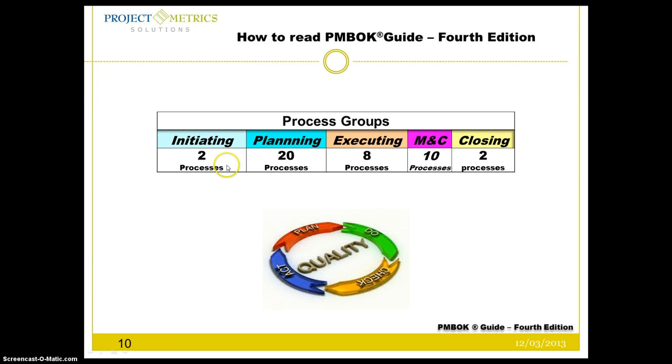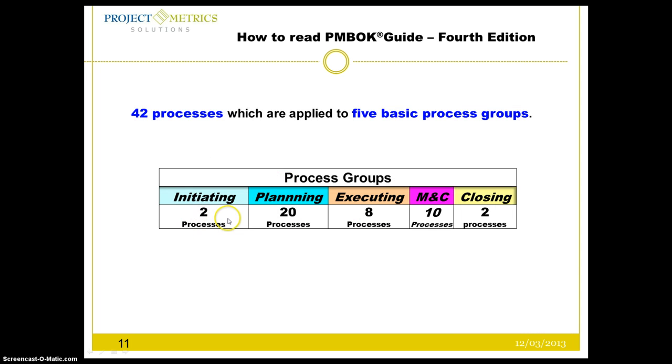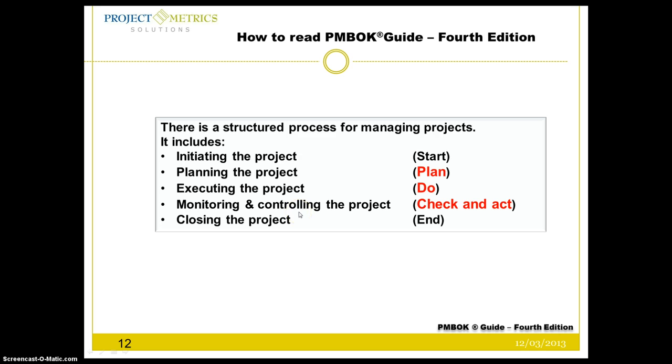The process groups are five stages: initiating, planning, executing, monitoring and controlling, and closing. There are 42 processes which are applied to the five stages: 2 processes in initiating, 20 processes in planning, 8 processes in executing, and so forth. It is a structured process for managing the project.